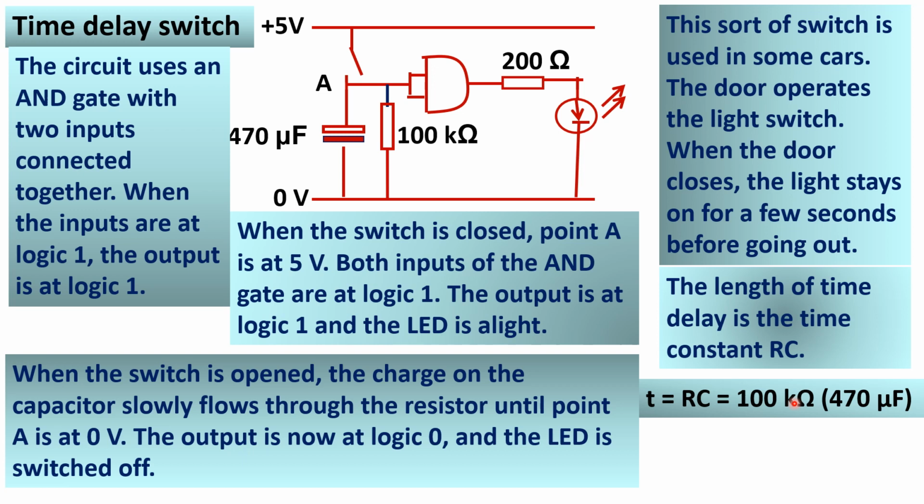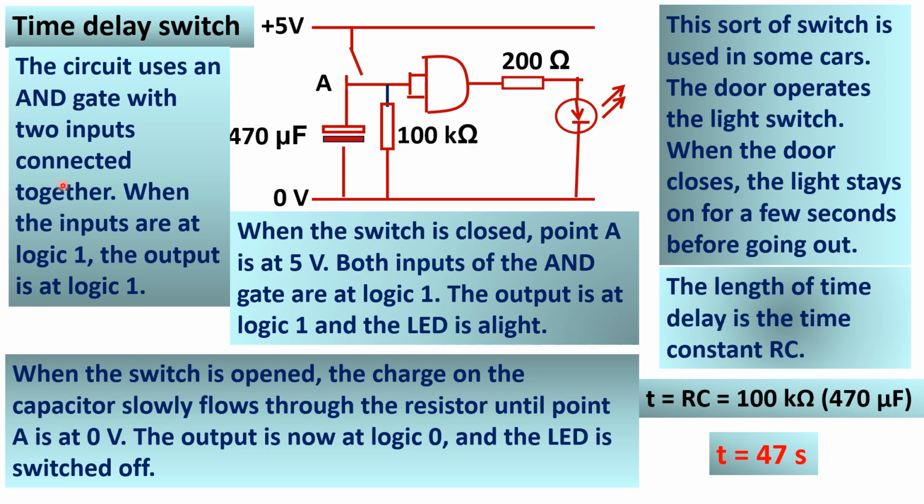That means 100 times 10 to the third power ohms, while the capacitance has to be in farad, and that means 470 times 10 to the negative 6 farad. So calculating for the time constant, we will get 47 seconds. 47 seconds is the time during which the LED is alight.